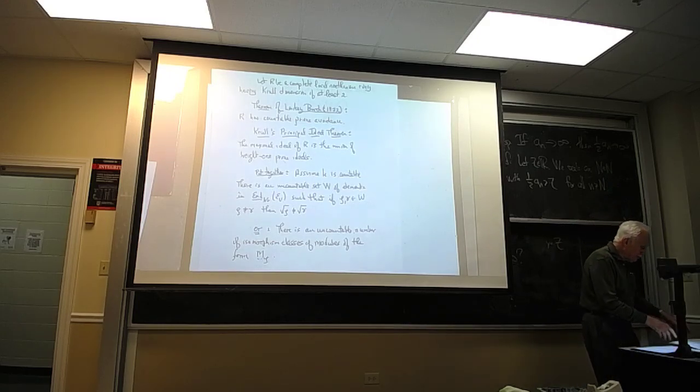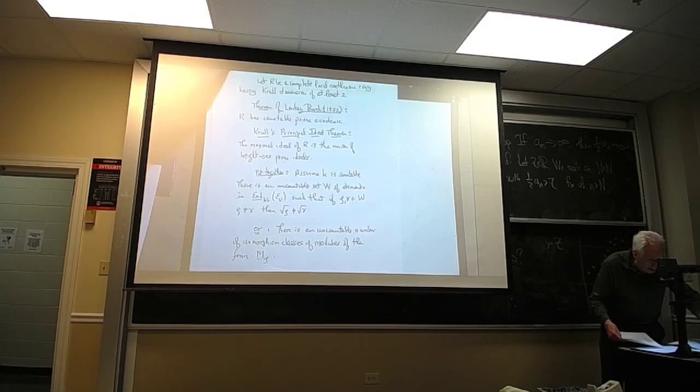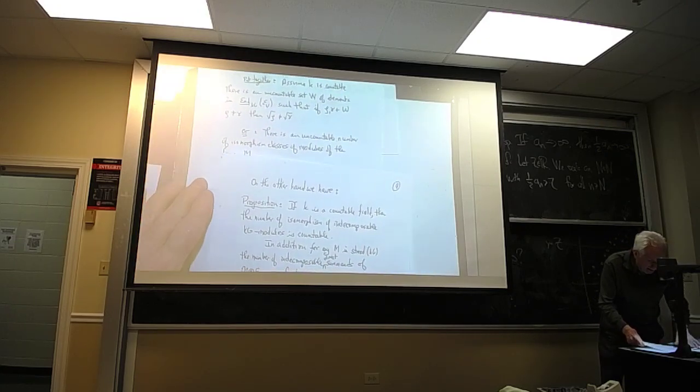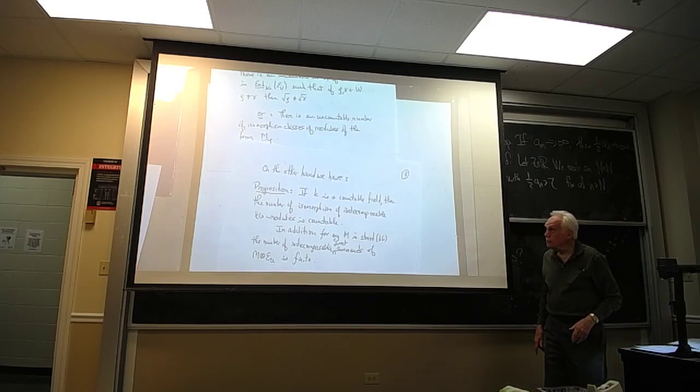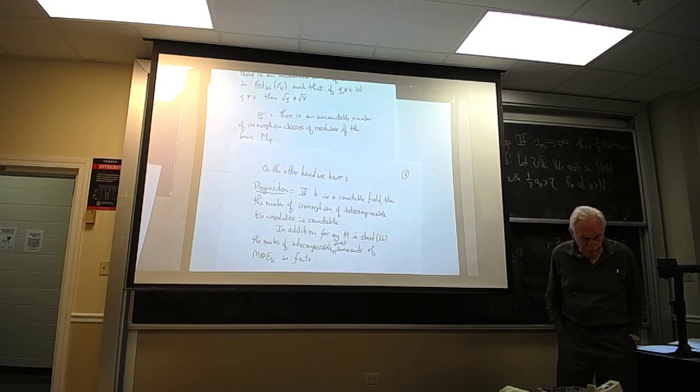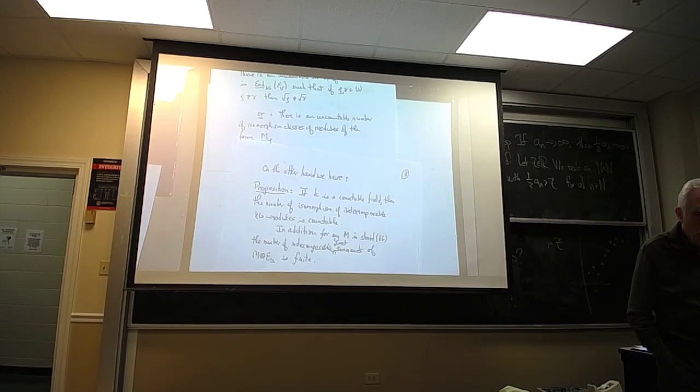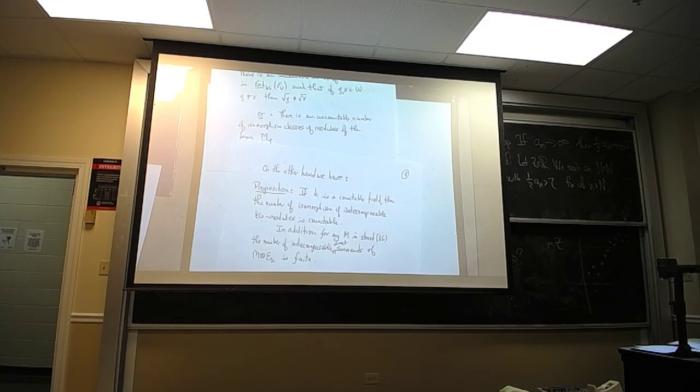So what we want to do is one more calculation here, and that is, what we want to note is that if you've got a countable field, then the number of isomorphism classes of indecomposable KG modules is countable.